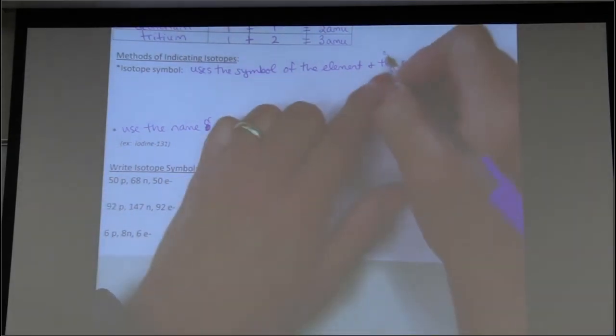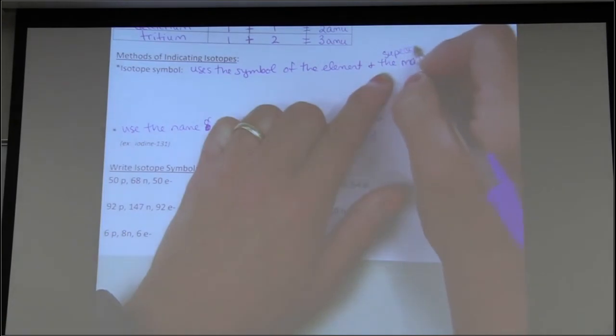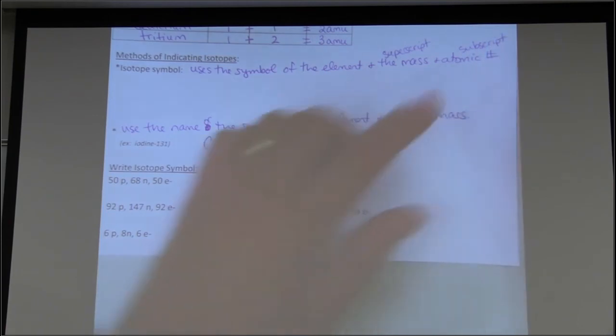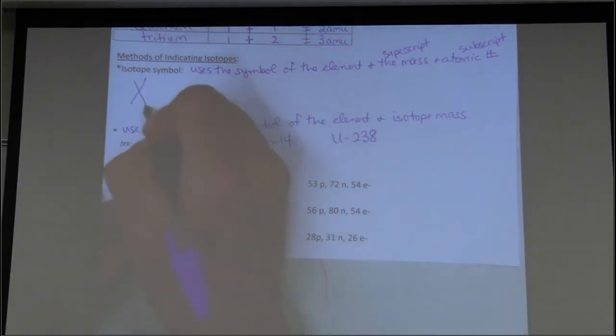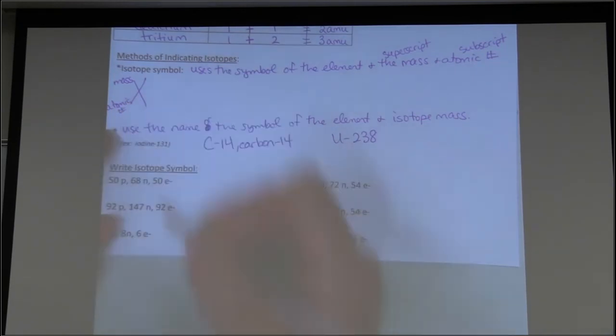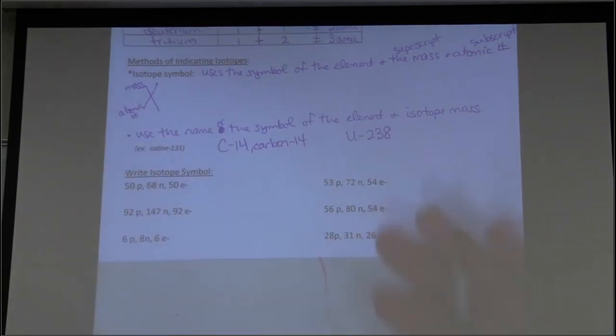The mass is a superscript on the symbol, and the atomic number is a subscript. So this is the generic isotope symbol. If you have the symbol X, then you have the mass in the top left-hand corner and the atomic number in the bottom.